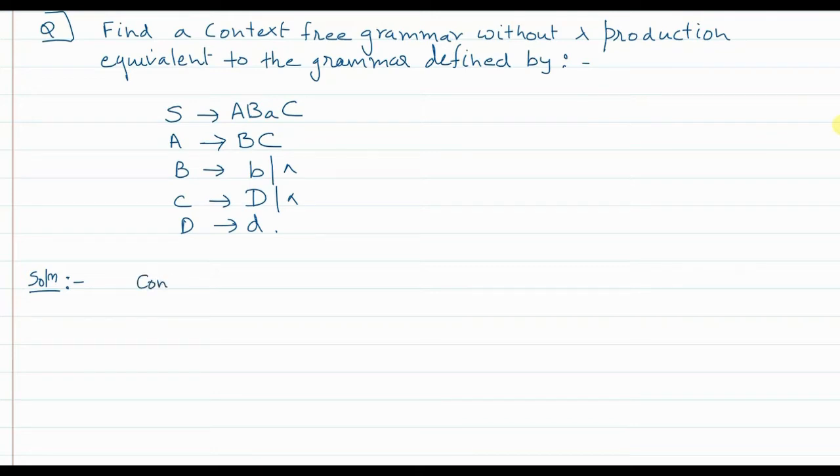Now consider B gives null and C gives null. We see that B and C are directly nullable.